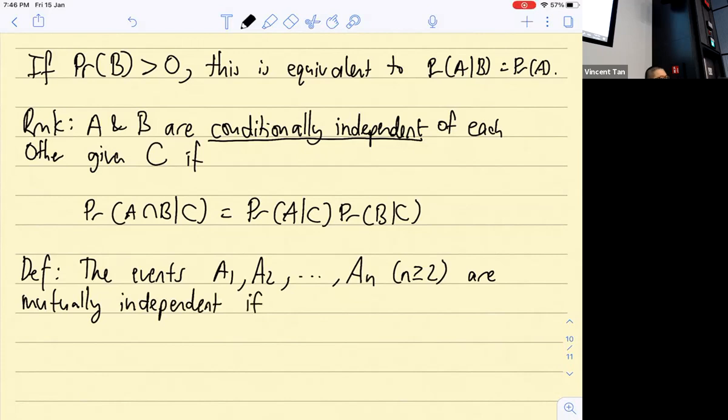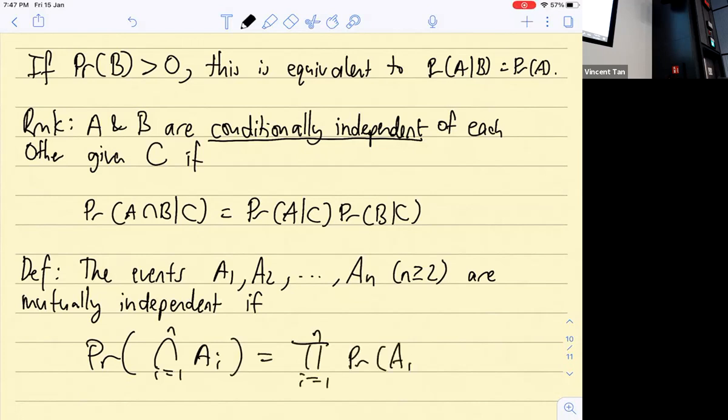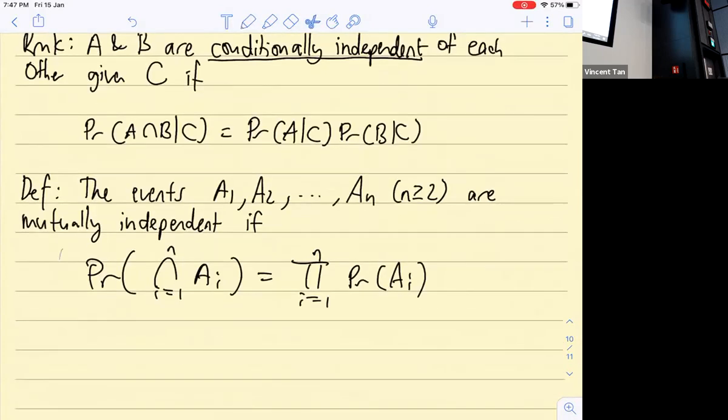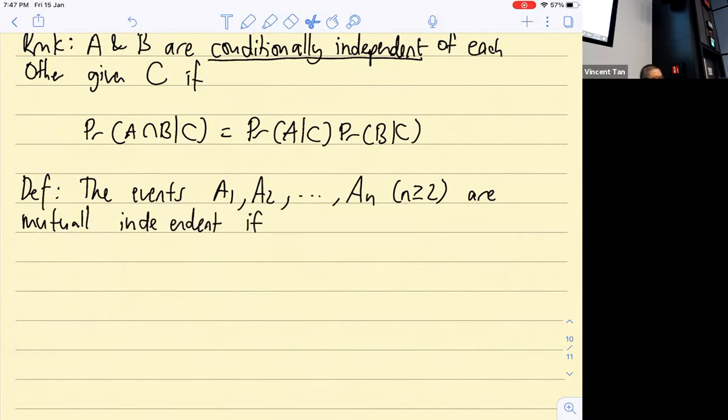You would think that if the intersection of Ai, for i running from 1 to n, is equal to the product up to n of the probability of Ai, that would be the definition. I'm going to be very evil and cut this out, because it's not true.